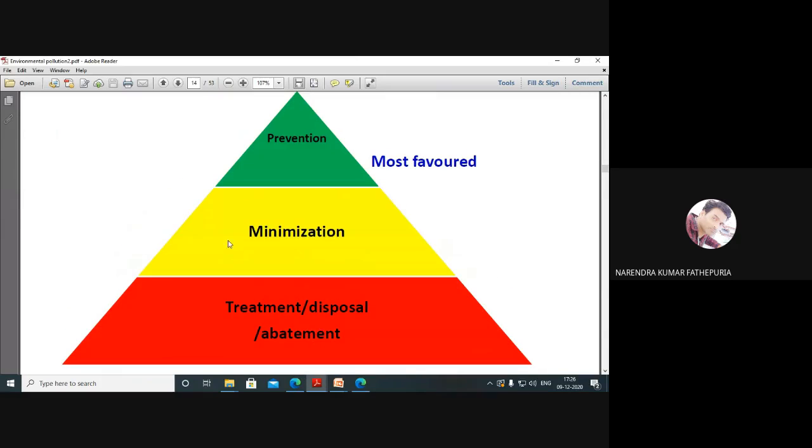First of all, you have to reduce the pollution at the source itself. You have to prevent the pollution at the source. Suppose some pollution is released from a thermal power plant, then you have to stop it there itself, partially or fully, by using more sustainable and biodegradable fuel rather than coal.